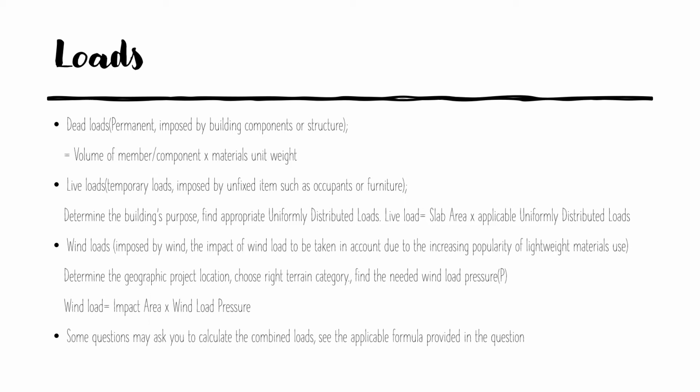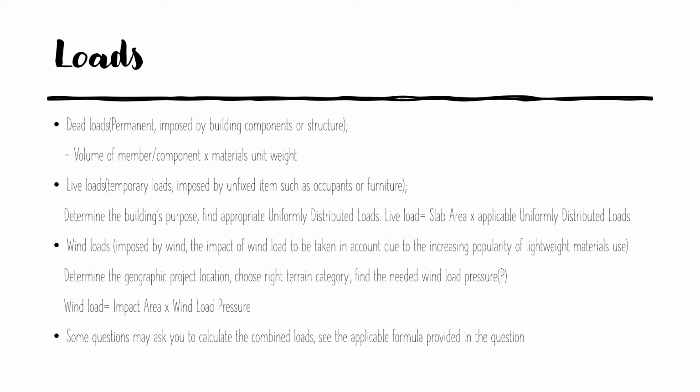For the calculation of the live load, firstly, you need to determine the building's purpose, because for different purposes of building, there will be different kinds of people occupying it, and different furniture needed for this purpose of the building.